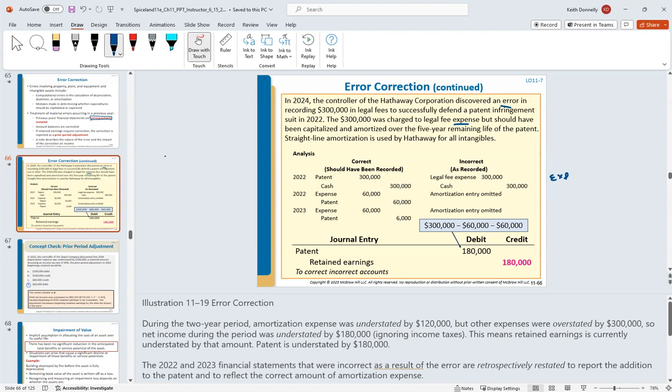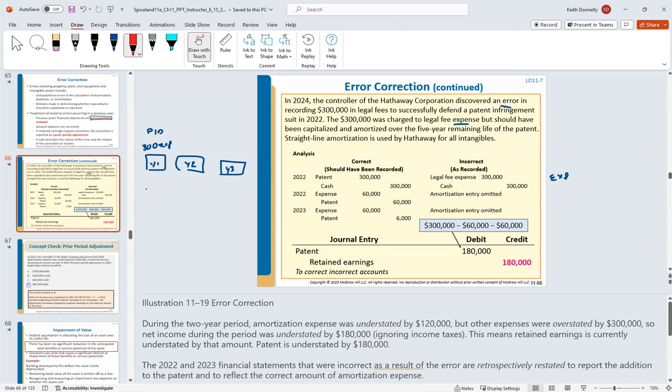So what's going on here? It looks like we have 3 years, year 1, year 2, and then year 3. Here is what we did up here. We took a $300 expense in year 1.